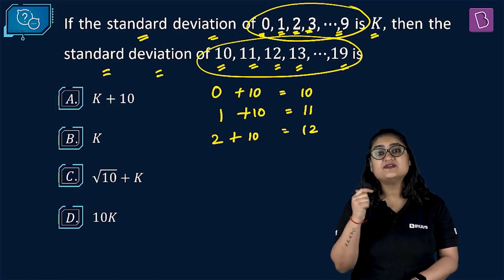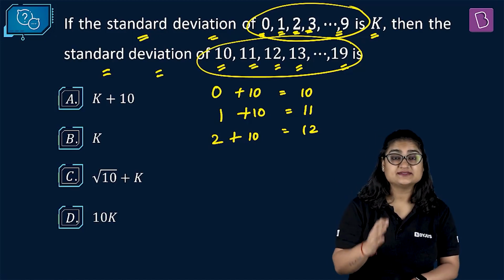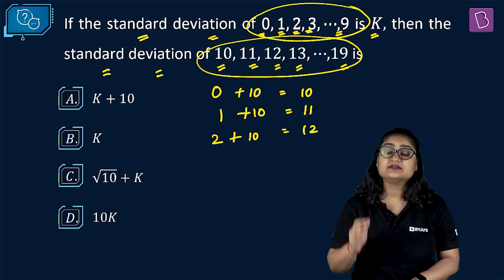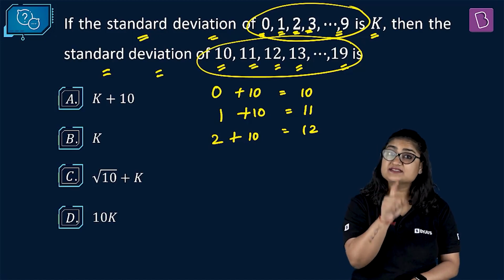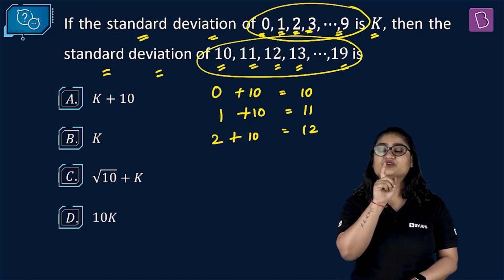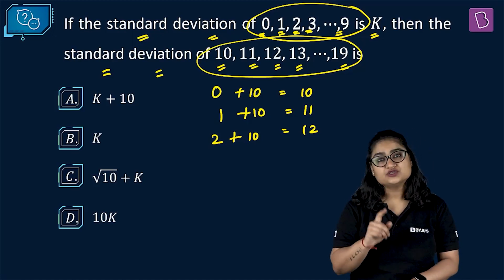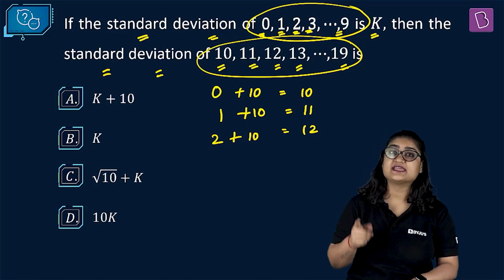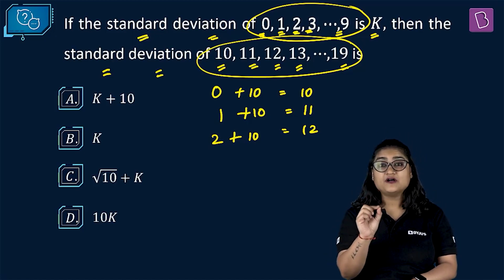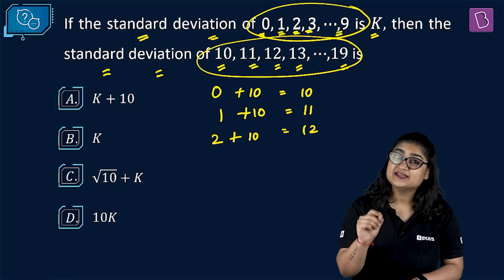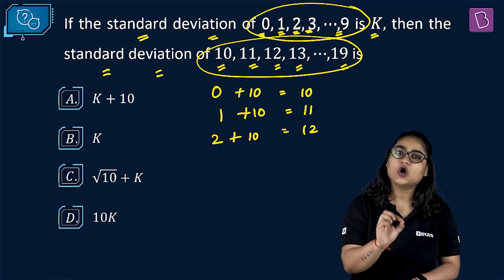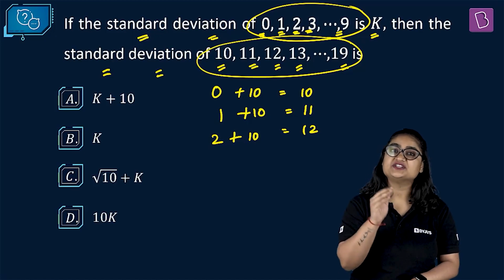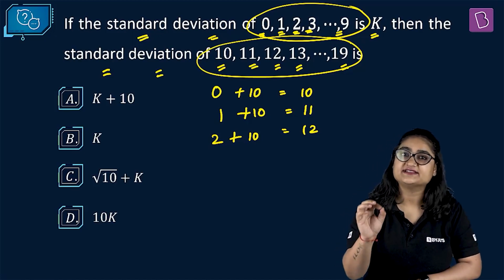Standard deviation and variance would remain the same for both the data sets. That means whatever is the standard deviation for the first data set would also be the standard deviation for the second data set, because we are getting the second data set by adding a constant number 10 to each and every data entry of data set 1.